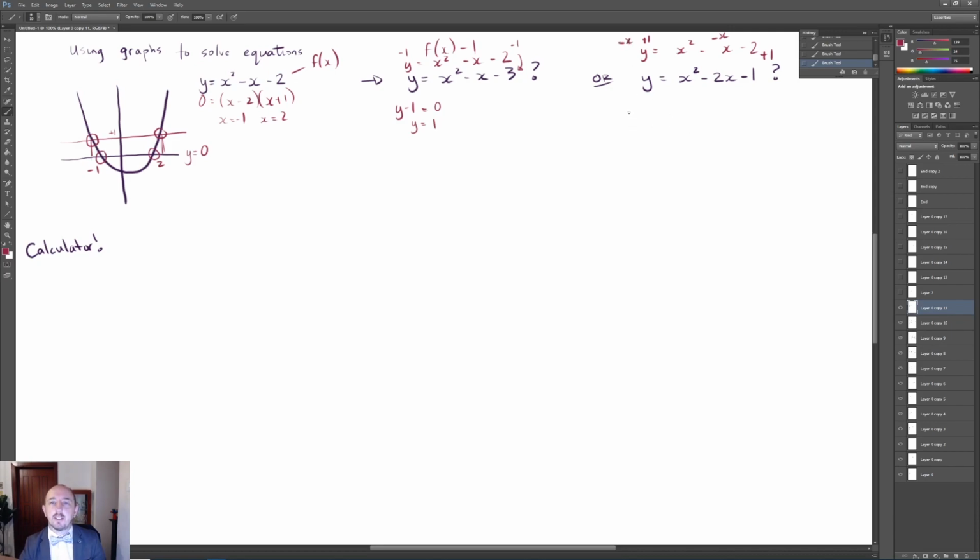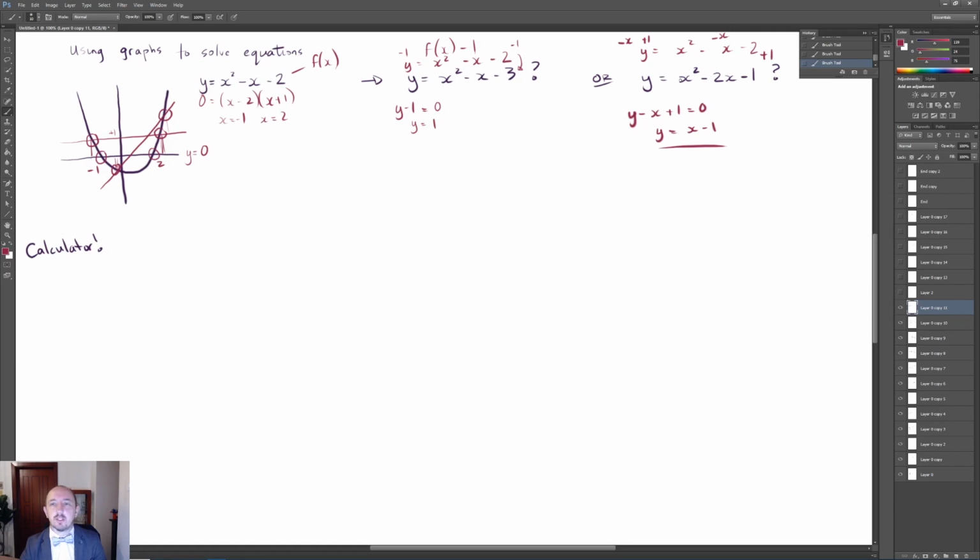And so I have on the left, y minus x plus 1 equals 0. So I rearrange that to get y equals x minus 1. So that means now that I have my equation of y equals x minus 1, I would plot y equals x minus 1 on my graph, so it goes something like that, and I would read off my new intersection points here and here, and that will give me the new solutions of my graph.